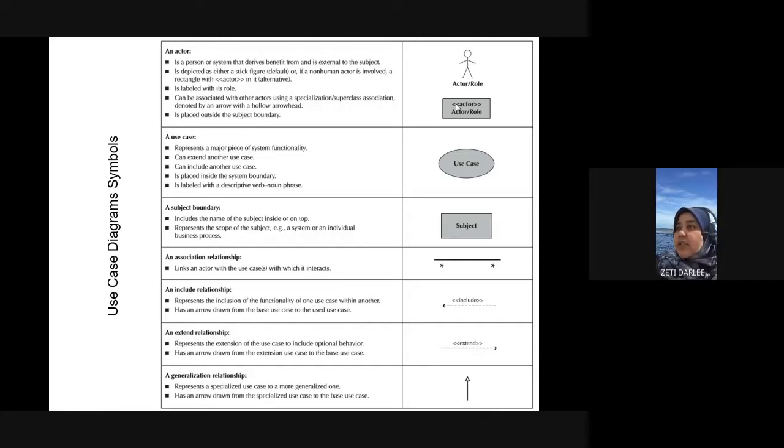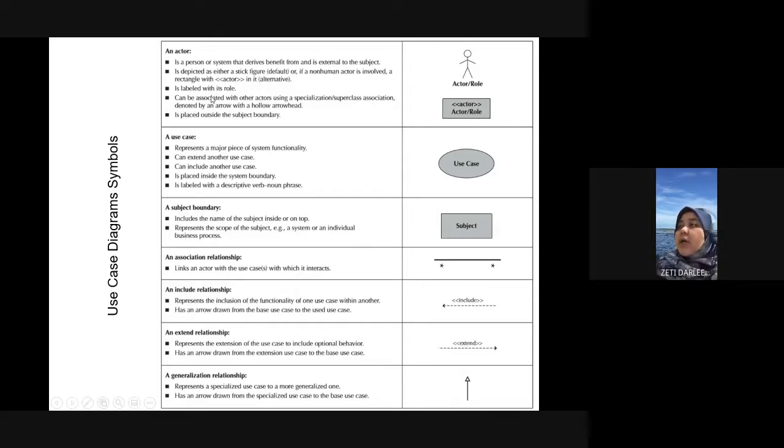So an actor is a person or system that derives benefit from and is external to the subject. It can be a system or a person, or role. It's depicted as either a stick figure by default, or if a non-human actor is involved, it's a rectangle with actor. It's an alternative.